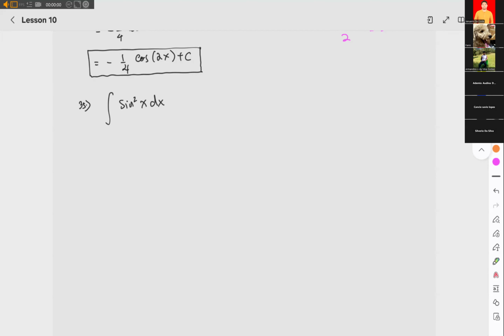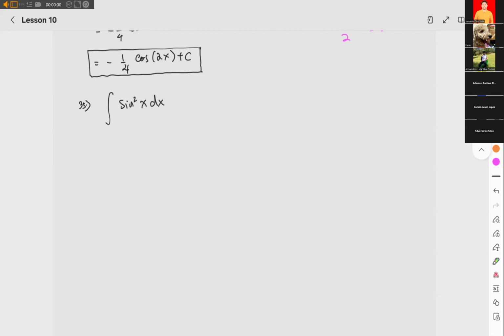Okay, so how do you solve this? You have to figure out a way in which you can easily solve this. The way I am going to solve this is to use the different identities. I can use the Pythagorean identities, or I can simply use the double angle identities.